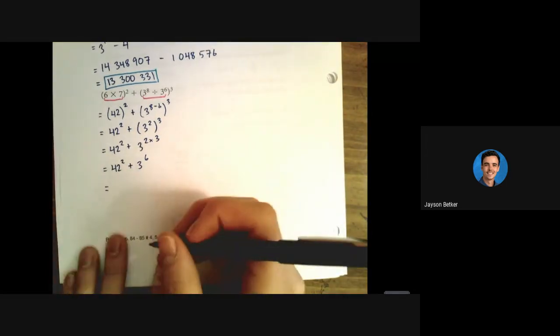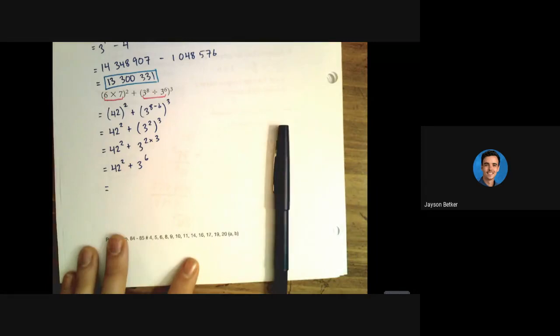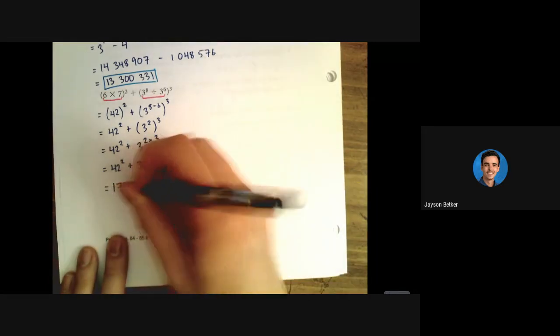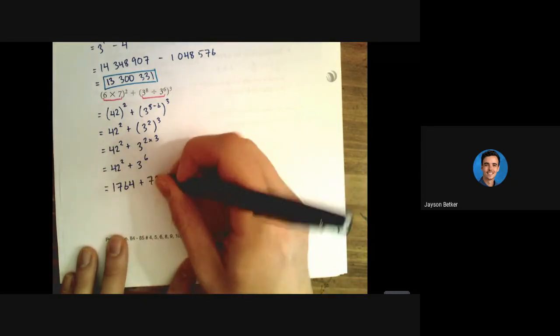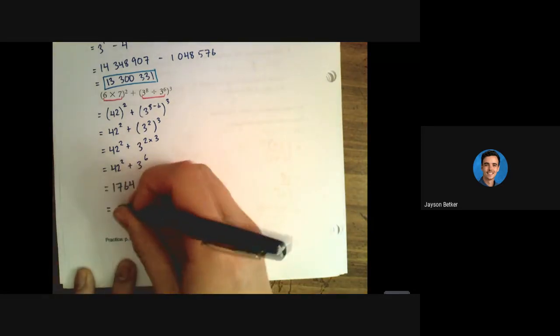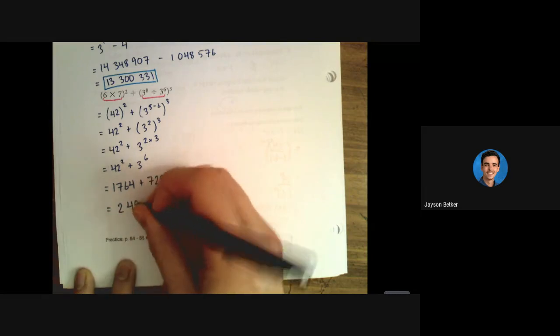So 42 squared, what is 42 squared? 1,764, plus 3 to the 6, which is 729. Add those up, and your final answer should be 2,493. Okay. There you go. We did it.